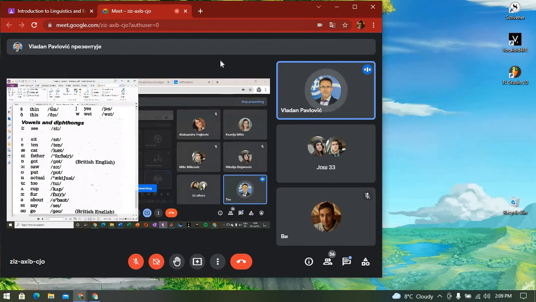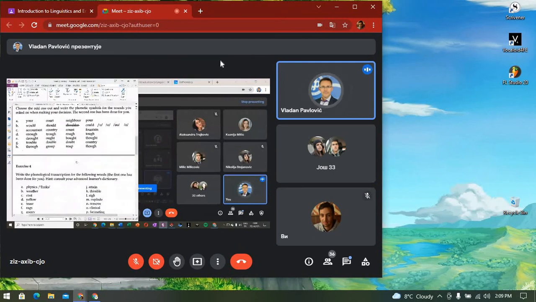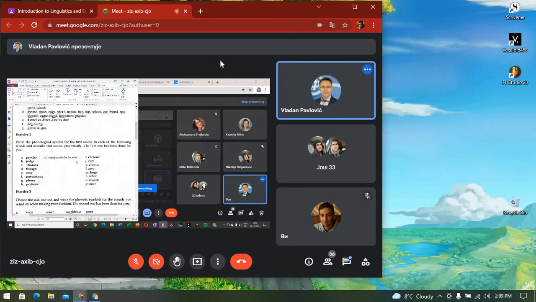I budite u stanju i da ih pročitate, pa praktično ono što stoji na našem handoutu. Na našem handoutu stoji sledeće. Da, recimo, kaže: write a phonological symbol for the first sound. Judge. Moglo je da bude write a phonological symbol for the last sound. Moglo je da bude write a phonological symbol for the vowel in Thomas.